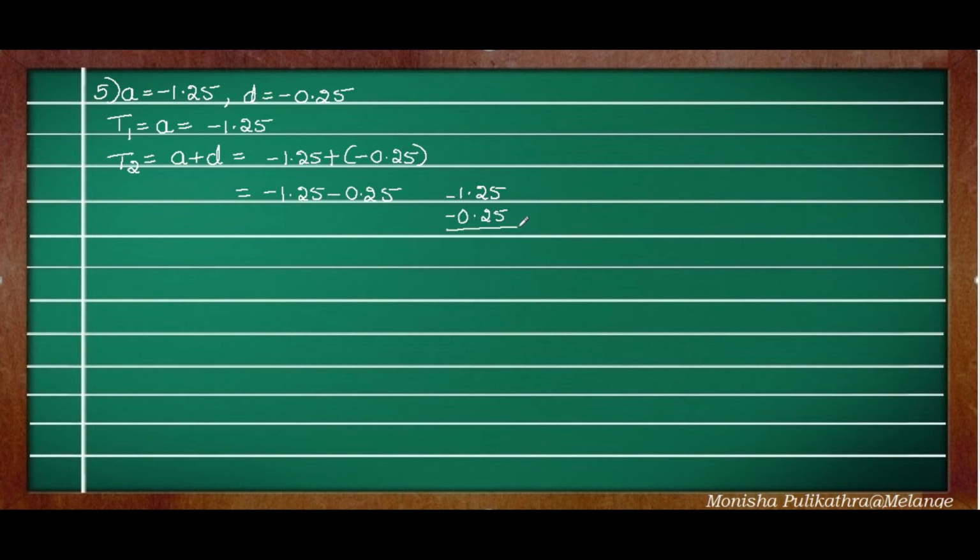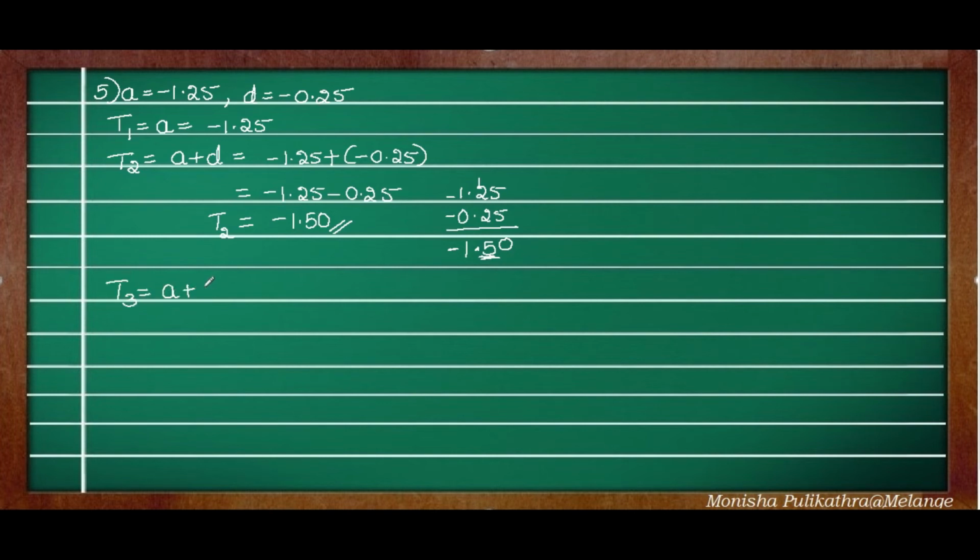Here 5 plus 5, 10, 0 and 1 carry. 2 plus 2, 4 plus 1, 5. 1 plus 0 is 1 itself. Here you have to notice the larger number is 1.25 and the sign is minus, so you need to write minus itself. So the value for T2, the second term, is minus 1.50.